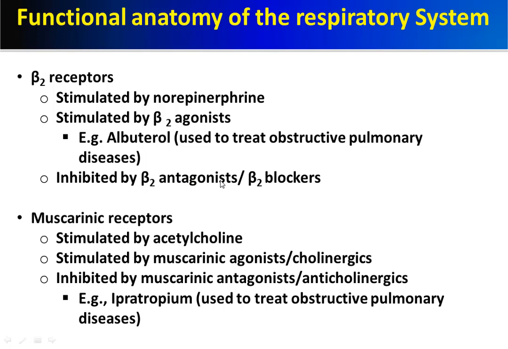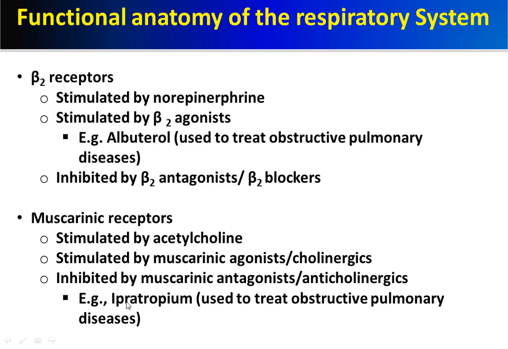The muscarinic receptors in the plasma membrane of the smooth muscle cells in the airways of the conducting zone are stimulated by acetylcholine and also by the muscarinic receptor agonists, the cholinergic drugs, and they are inhibited by the muscarinic antagonists, the muscarinic blockers or the anticholinergics, for example ipratropium bromide.